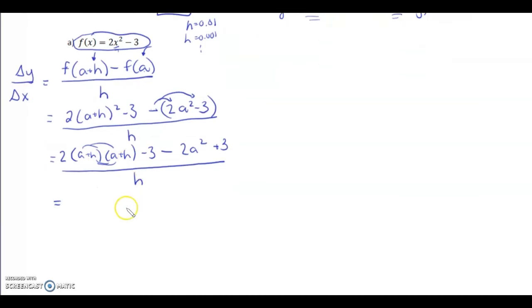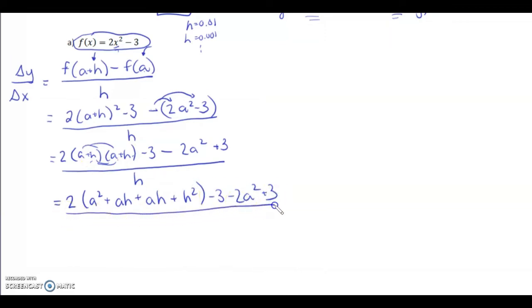Okay, moving on, I will be skipping this step here, but if we have a times a, which is a squared, a times h, which is ah, and h times a, which is again ah, plus h squared. Minus 3 minus 2a squared plus 3, all over h.